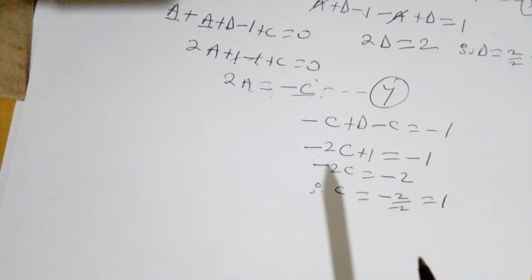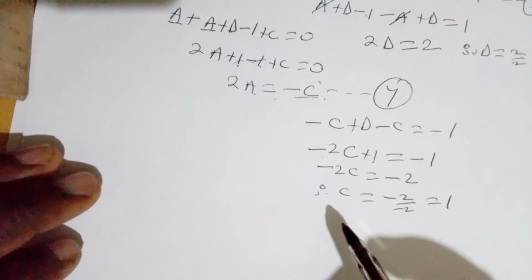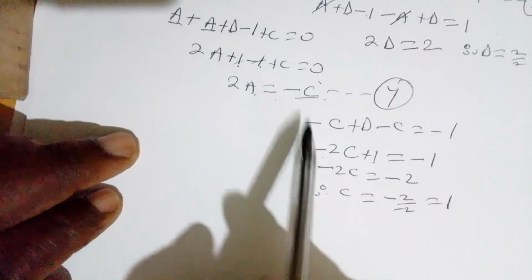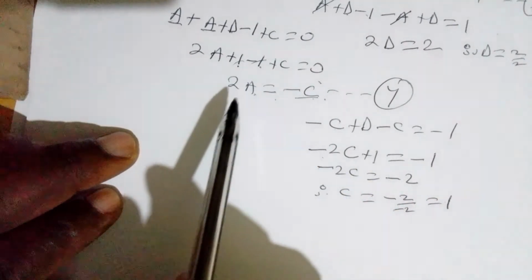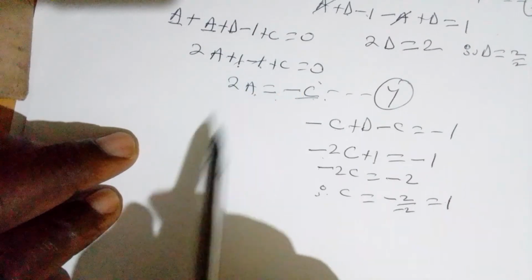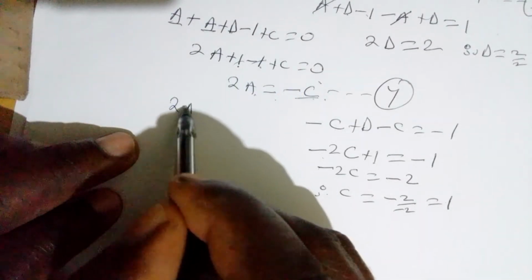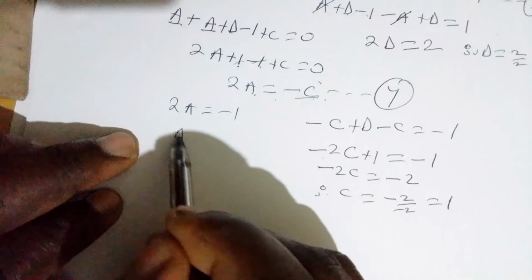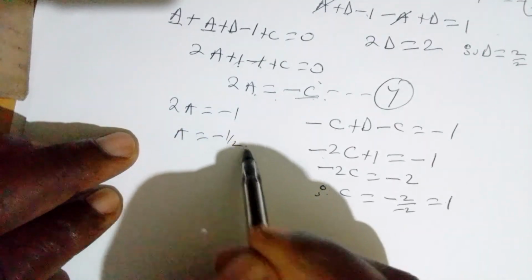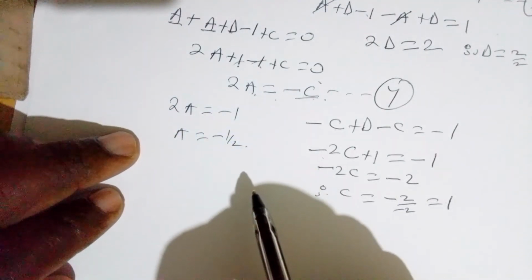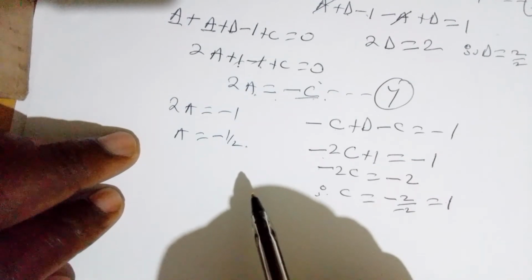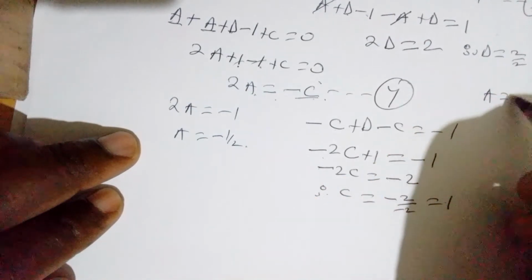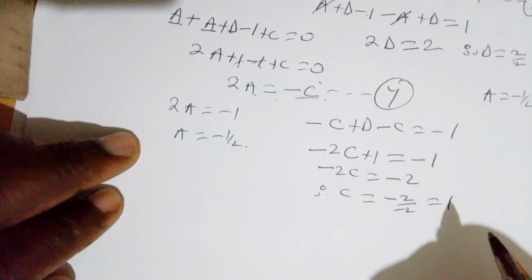So c equals that. So if c equals 1, what will be the value of 2a? Because now 2a equals -1, a equals -1/2. So yeah, a equals negative a half.